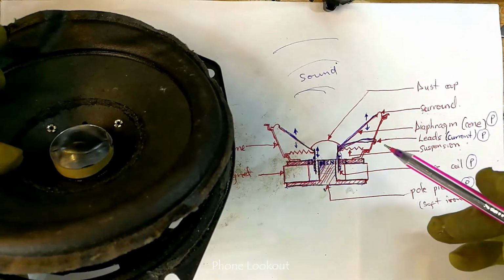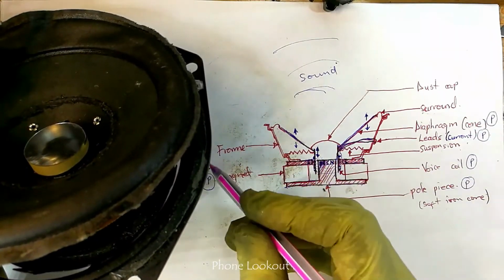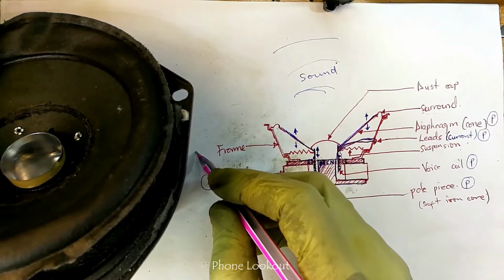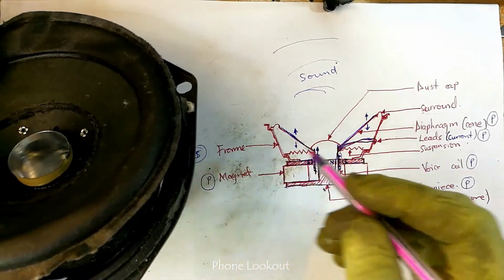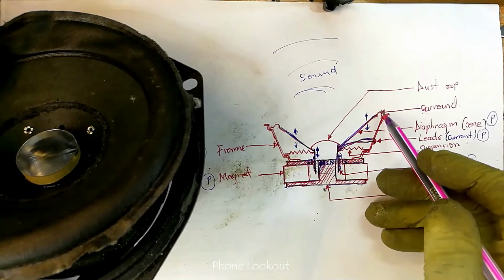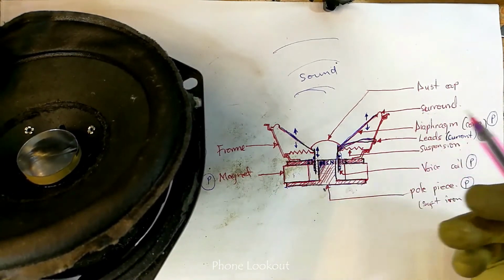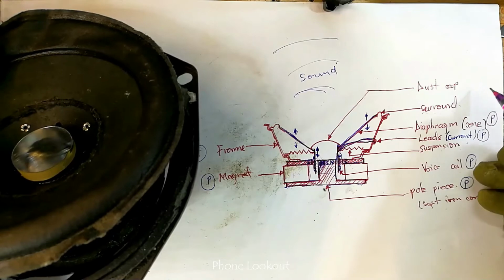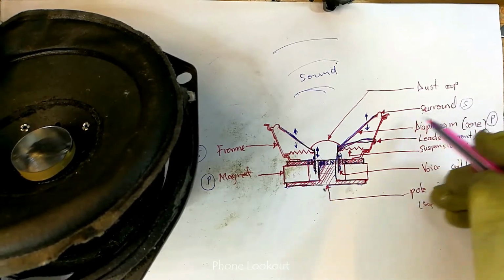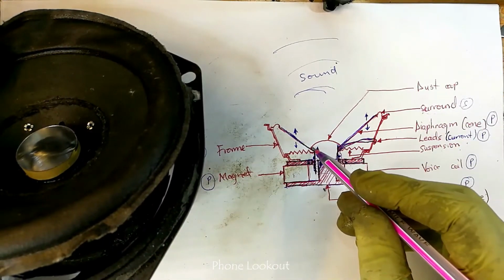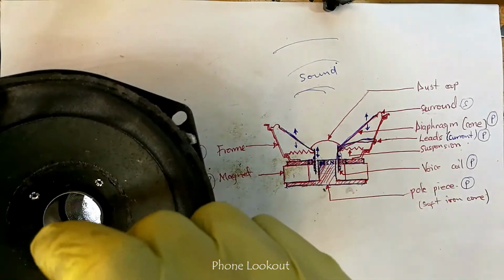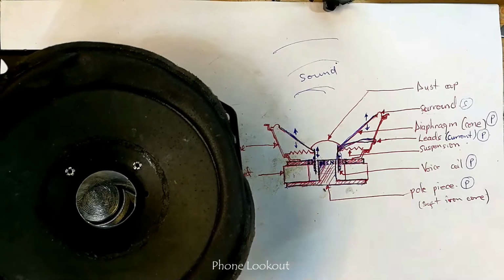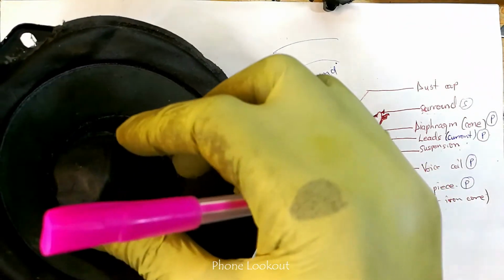The other thing is the frame, which I'll consider a secondary component, supporting the entire assembly. And then the last one, the dust cap, prevents dust from entering that hole, and that's our dust cap right there.